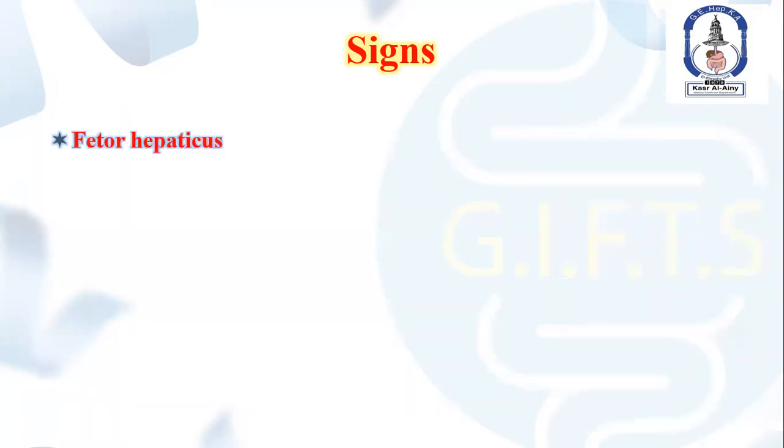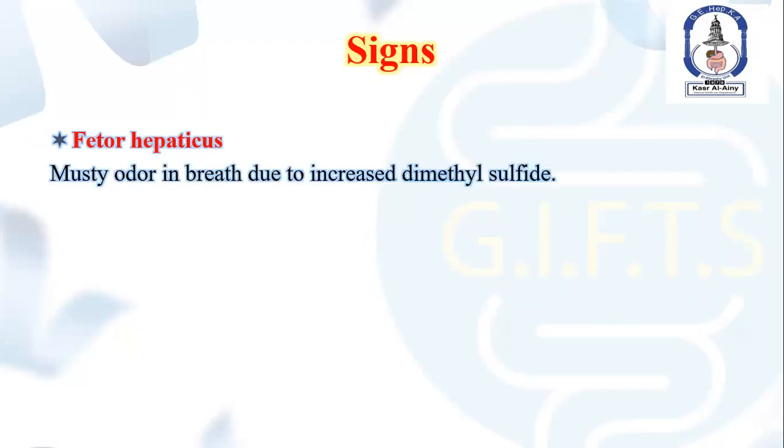Fetor hepaticus, of course, is a foul, funny odor like rotten apple because of the accumulation of dimethyl sulfide, and it can appear from the breath of patients with liver cirrhosis, especially when they start to develop hepatic encephalopathy.